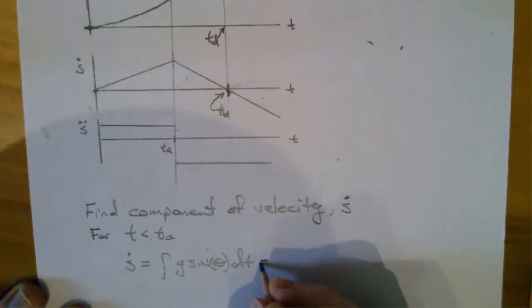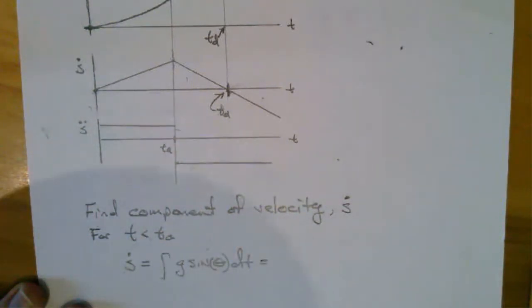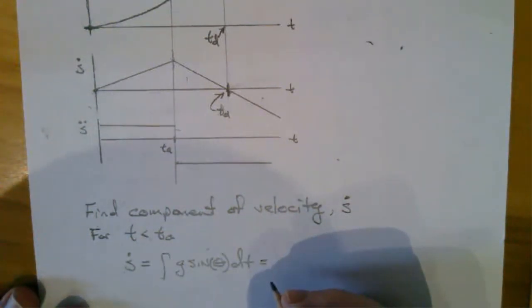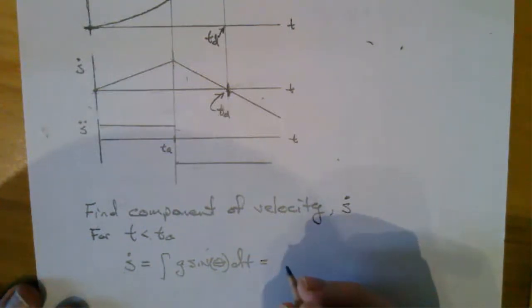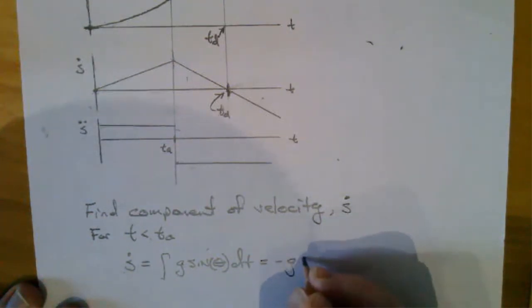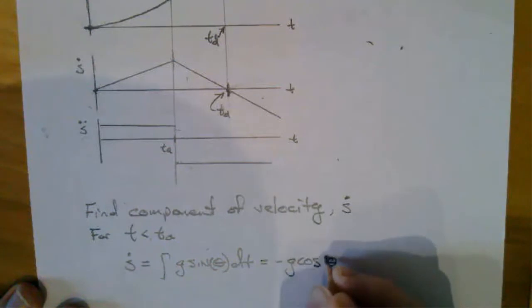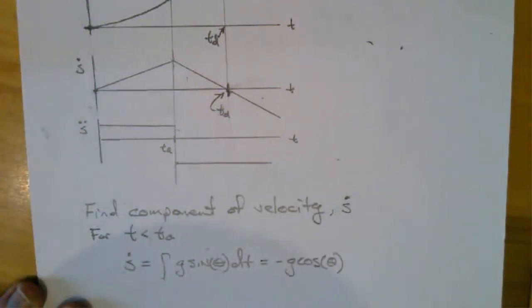And the integral of that thing is what? The integral of sine is minus cosine, right? So minus g cosine theta. How does that look? The integral of sine is minus cosine.